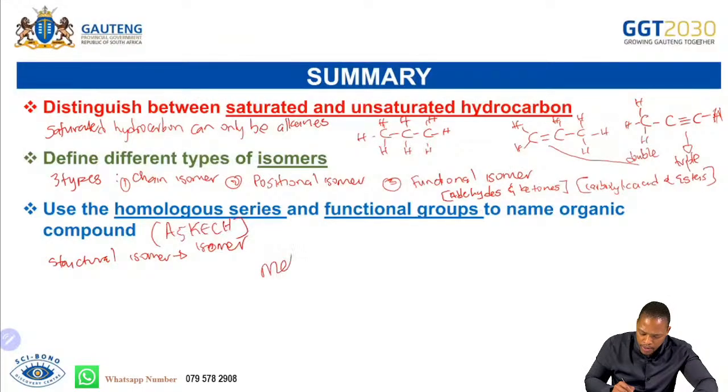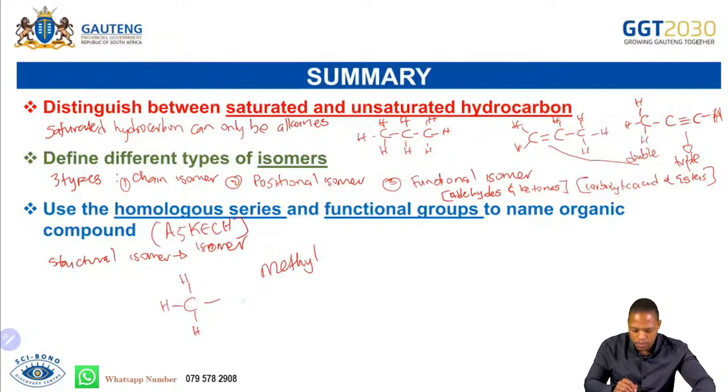And after that, that's when you're going to ask yourself, do I have an attachment? So what can be an attachment? Attachment could be methyls. And methyls look like this. It's a carbon with 3 hydrogens. And this carbon must be connected maybe to some other carbon chain. Okay? Then it's a methyl. Or it could be an ethyl.